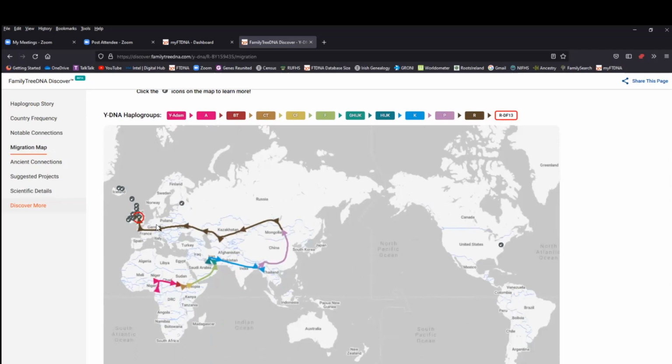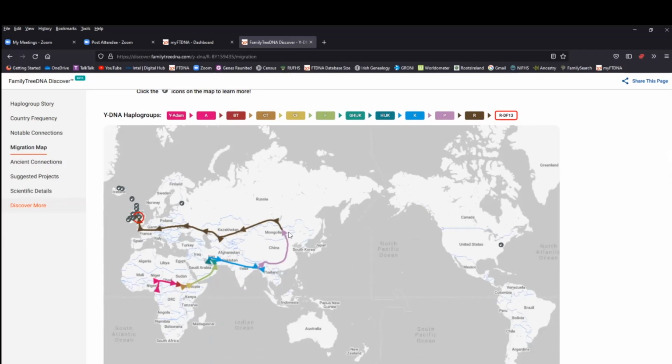So it basically started in England, and then it would spread around Scotland and Ireland from that particular point. So they think that RDF 13 started there. So you're getting an indication of where that haplogroup was created, and that's a few above mine if I go up the tree.